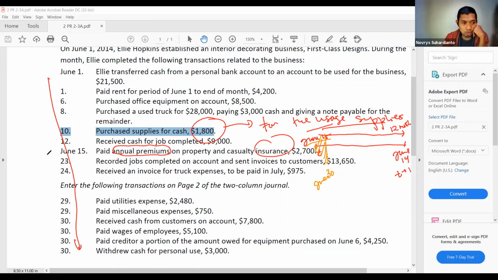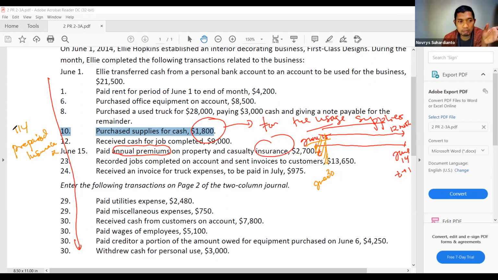We record this June 15 as a prepaid insurance. And this prepaid insurance is part of assets with number 114, if I remember correctly. So we record this premium as an asset.